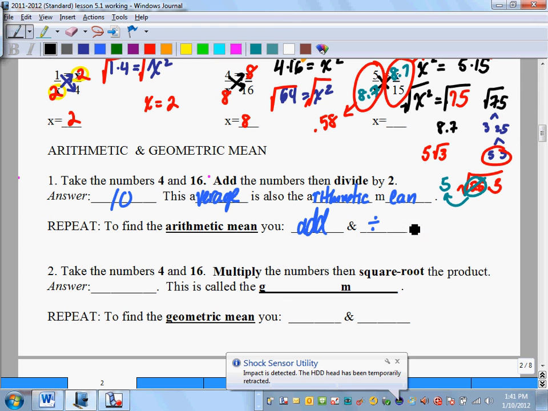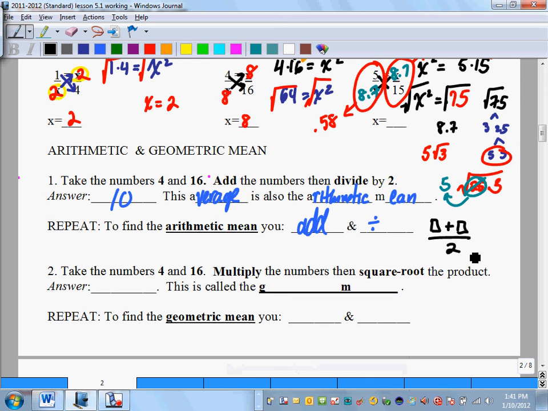Guys, you should be copying this down. The arithmetic mean is add and divide by 2 in this case.